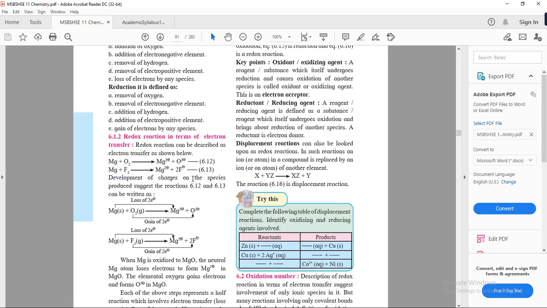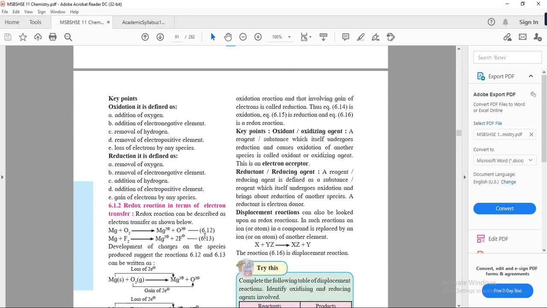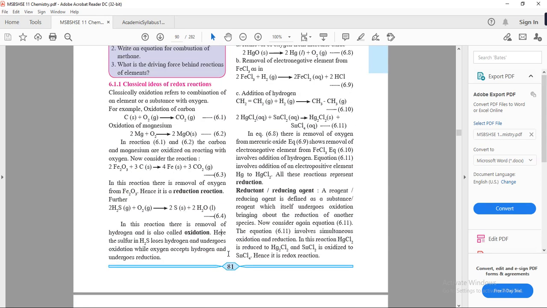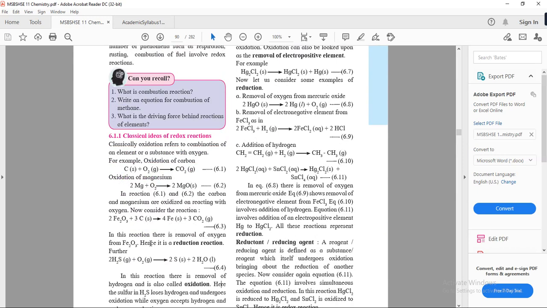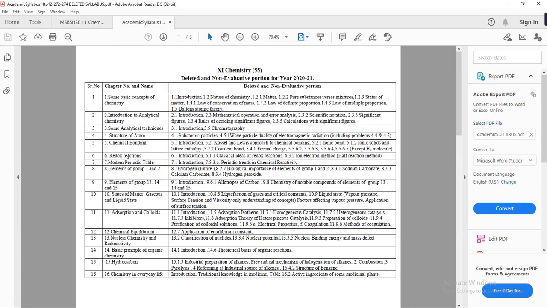Redox reaction in terms of electron transfer. So yes, this part 6.1 and 6.1.1 is deleted from your syllabus for this year. Only this part is deleted.